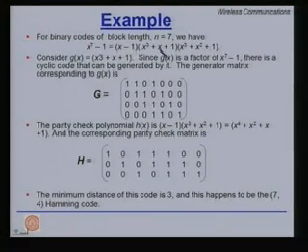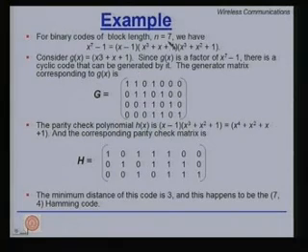Clearly, individually all 3 can generate a cyclic code, but the product of any 2 will still be a factor of x raised to 7 minus 1, and can themselves generate a cyclic code, and so on and so forth. So, 1, 2, 3, the products of pairs, 6, the product of all 3, which is x raised to 7 minus 1, that is the 7th, and unity 8. There are 8 possible cyclic codes, some of them may be trivial.